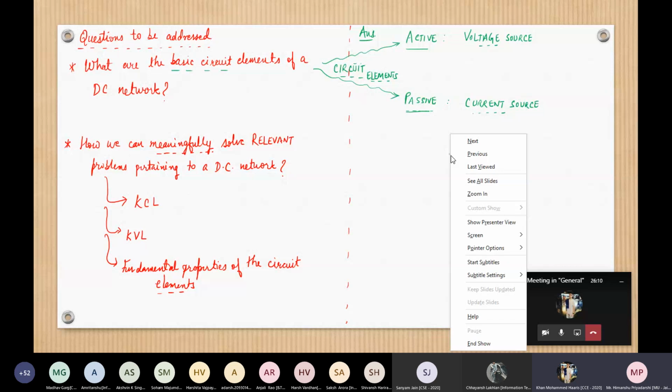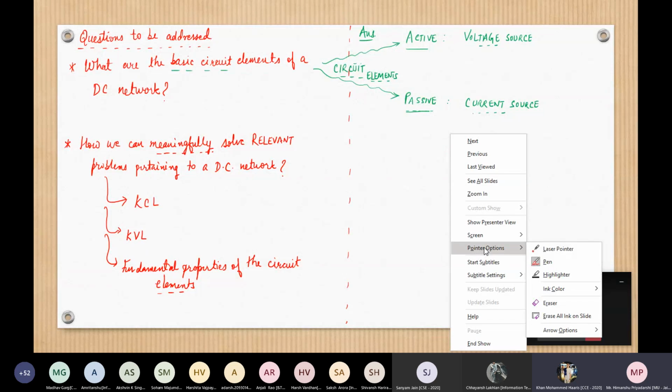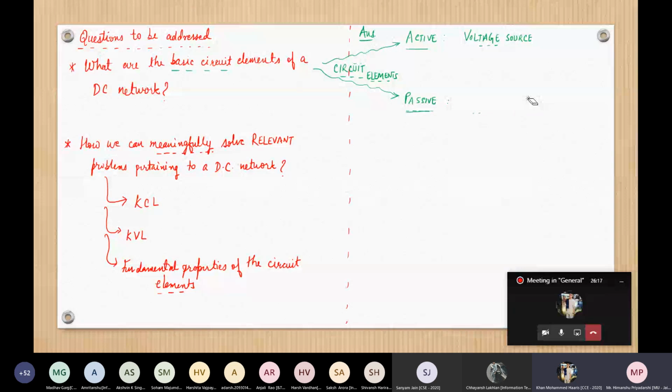Sorry, I should not write it here. Current source. Okay, and as far as the passive element, we will only consider R now.